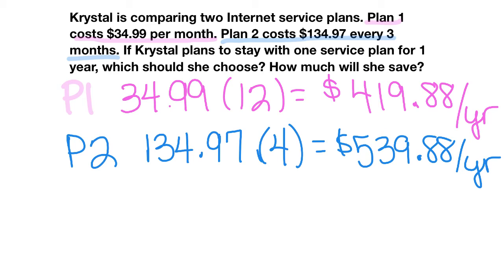I have each of these set as a unit rate for a year. And by looking at this, we can see that Plan 1 is the cheaper of the two plans. But the rest of my question goes on asking, how much will she save? This is where we need to subtract our values.